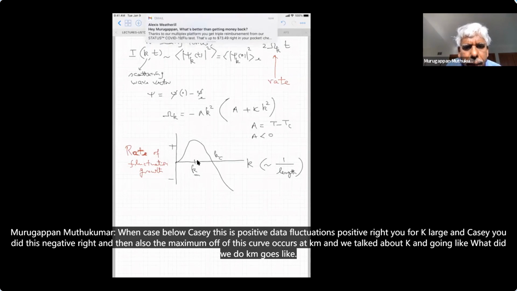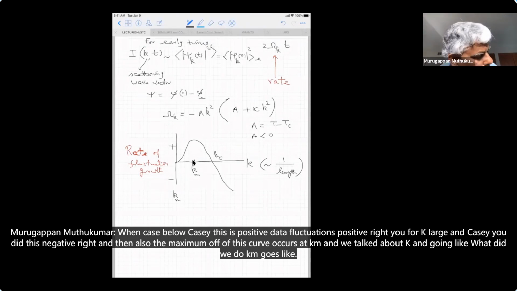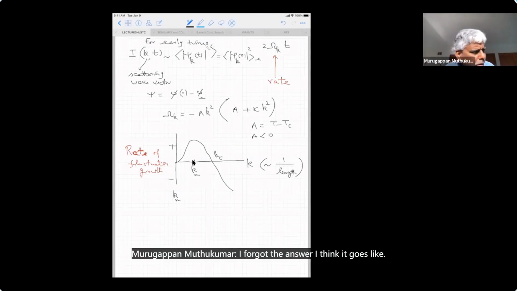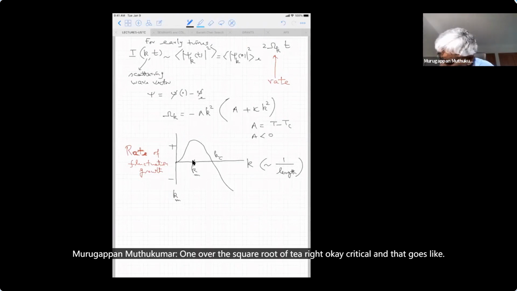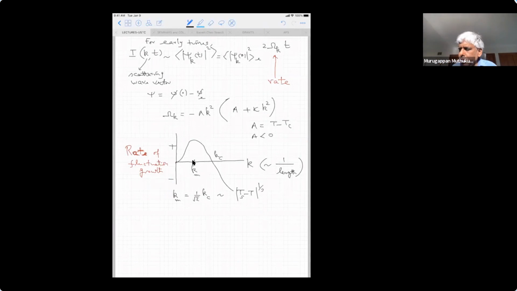And also the maximum of this curve occurs at Km, and we talked about how Km goes like, I forgot the answer. I think it goes like 1 over the square root of T. K critical goes like Ts minus T to the power half. Okay, because that's a quench step.